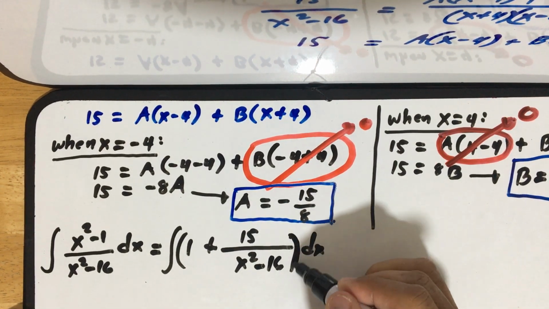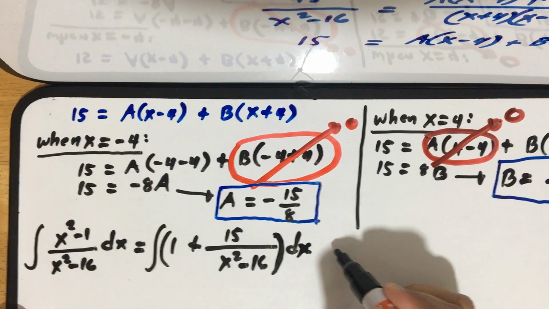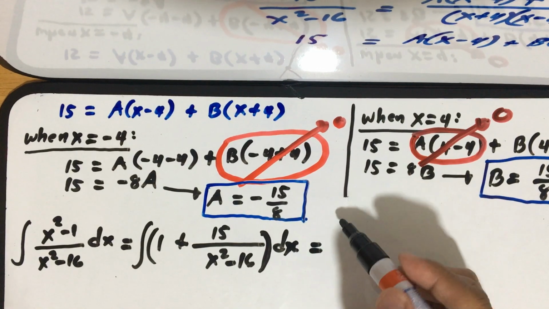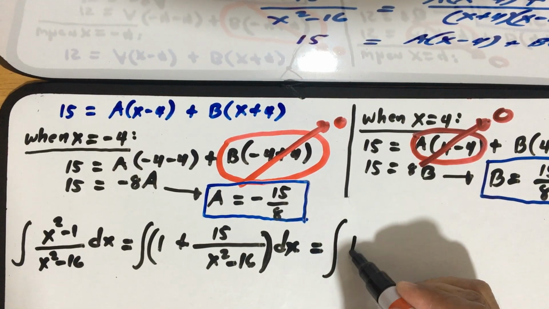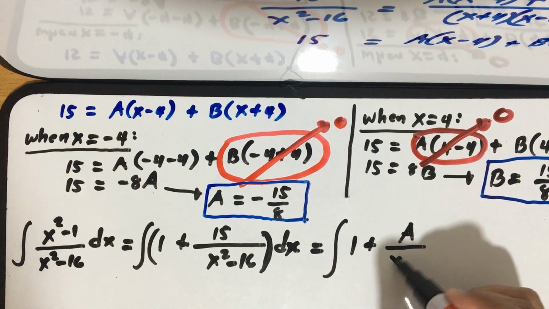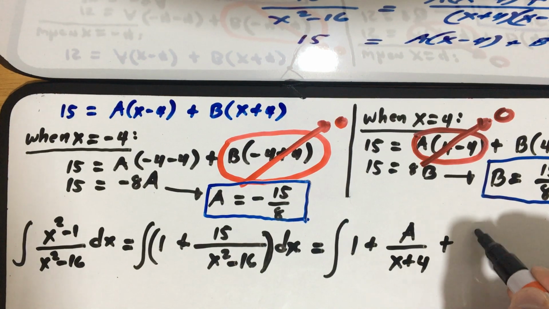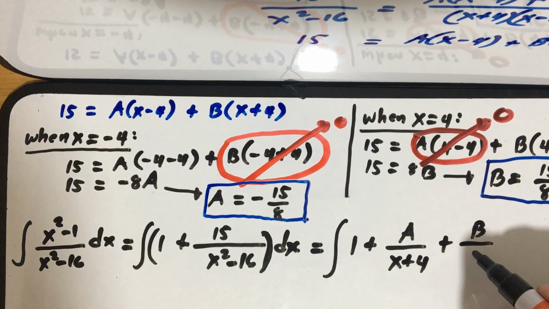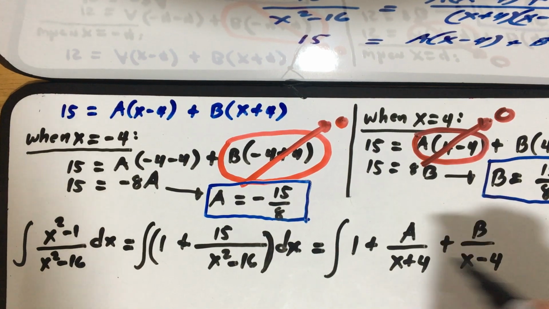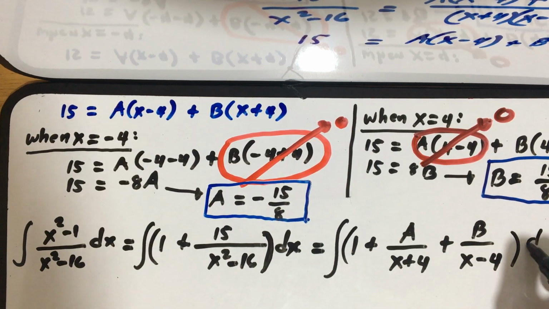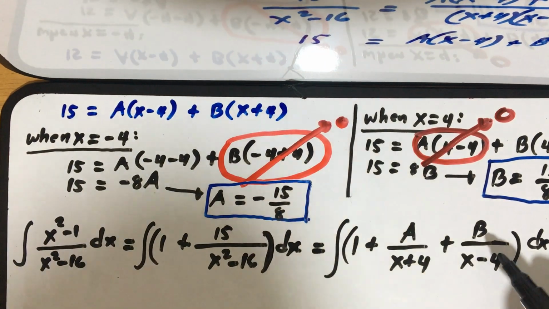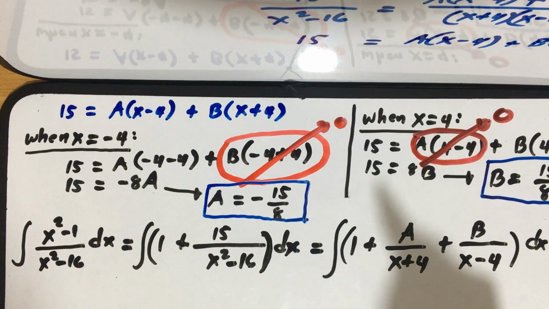Then we rewrote this as the integral of 1 plus a divided by (x plus 4) plus b divided by (x minus 4), multiplied by dx. Now we already got a, we got b, just substitute it here and then integrate individually.